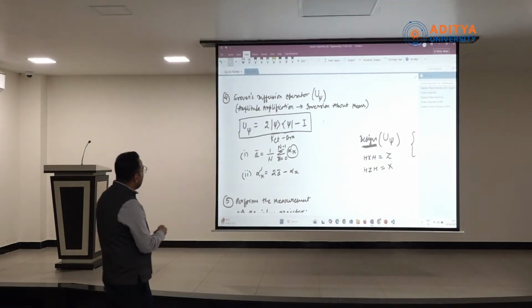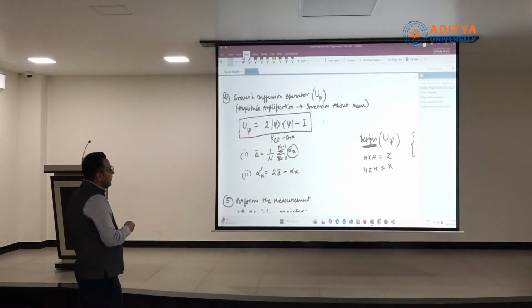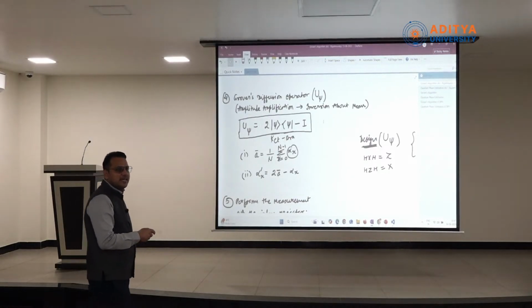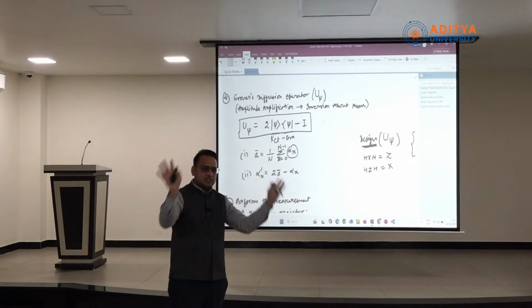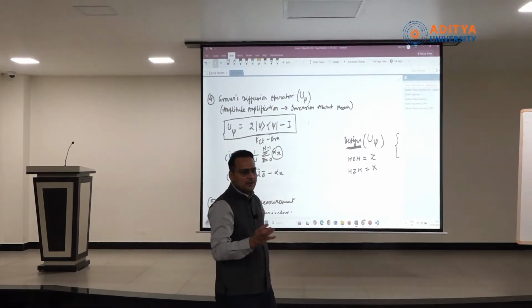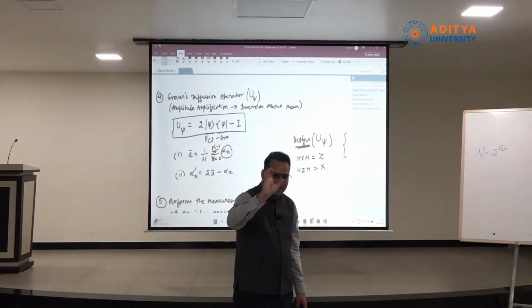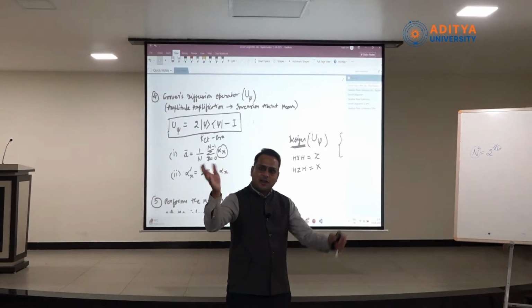Now, how is this operator defined? Twice of psi, where psi is a wave function. It's a superposition, including the solution state and non-solution states. All are contained in that.